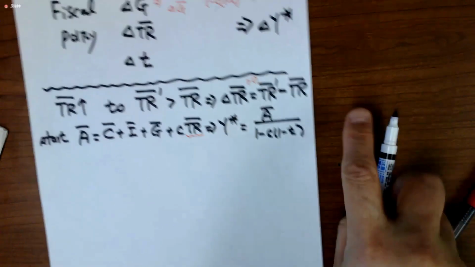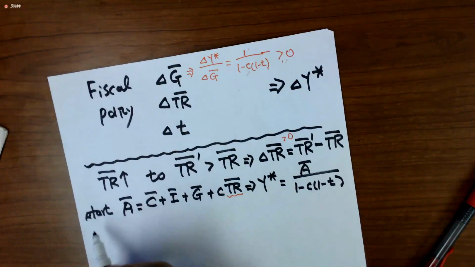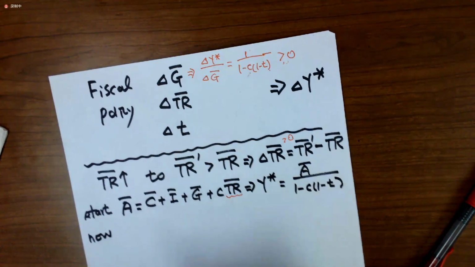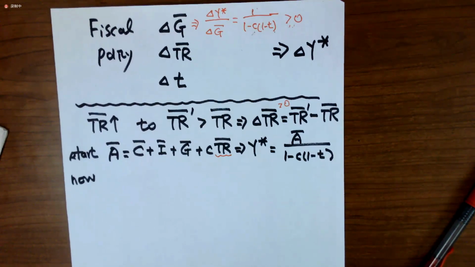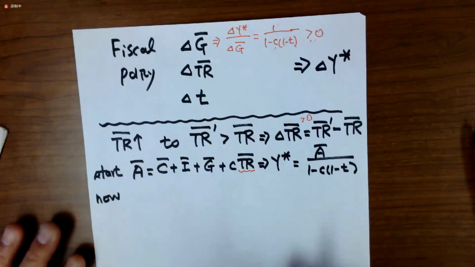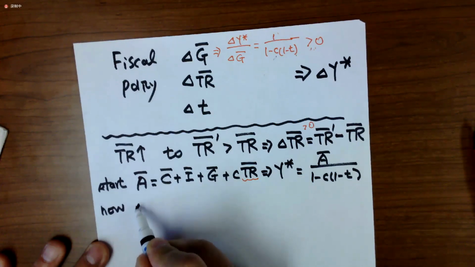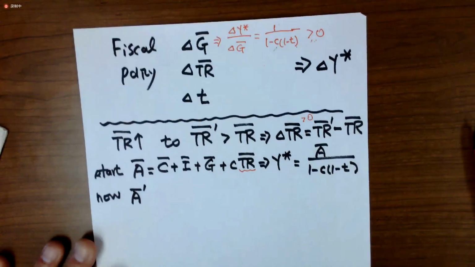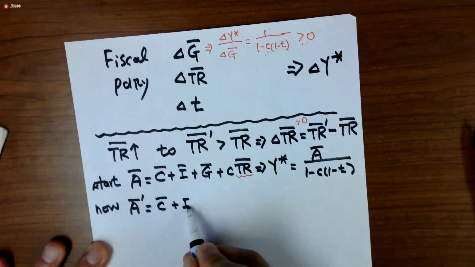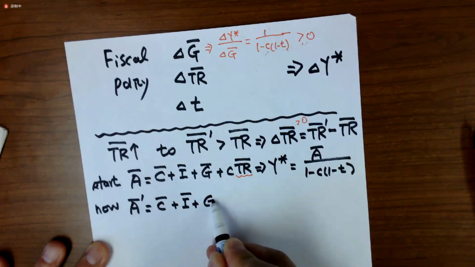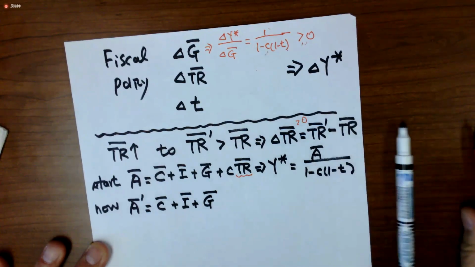And now we're going to have a new total autonomous spending because of the increase in transfer payment. So notation wise, I'm going to use A bar prime. C bar is the same. I bar is the same. G bar doesn't change. But now be careful.